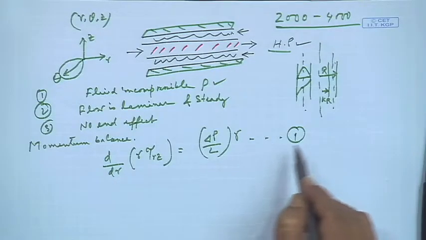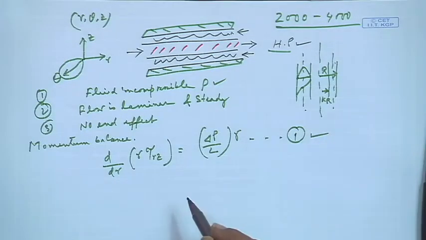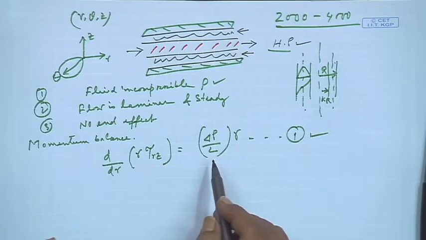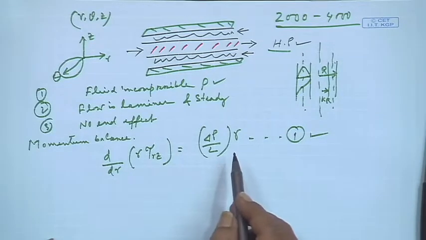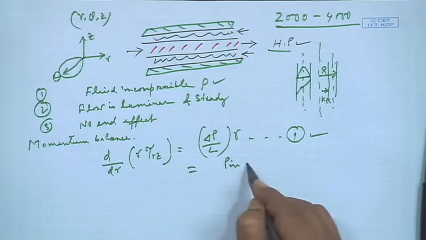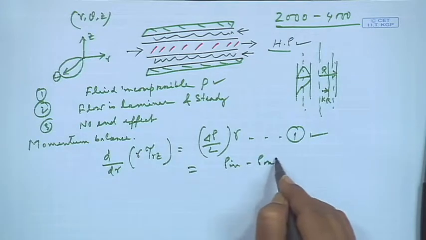So here also we take that as the starting point: let this be already derived, d/dr of (r τ_rz) equals (ΔP/L) times r, and this ΔP we can also write as (P_in minus P_out) over L times r.